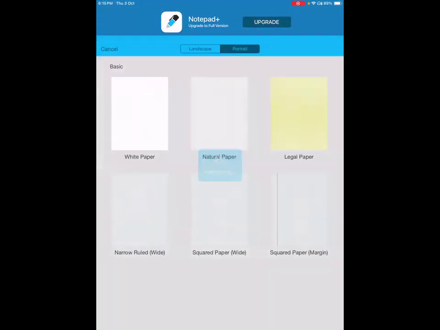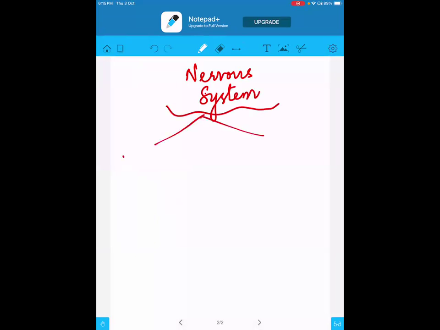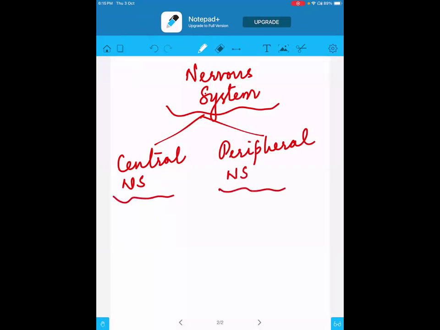Okay. So when we talk about the nervous system, it has two divisions, which are the central nervous system and the peripheral nervous system. These are the two major types. Now coming to the peripheral nervous system, it also has two divisions.